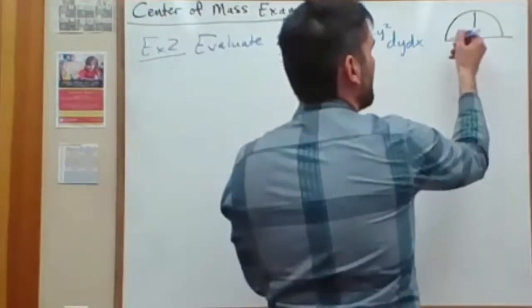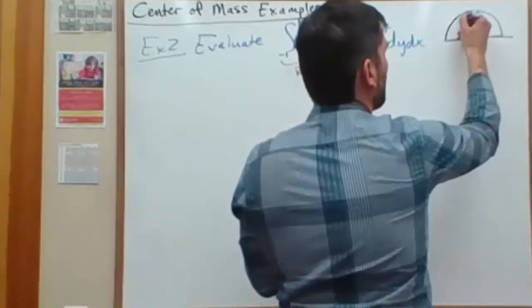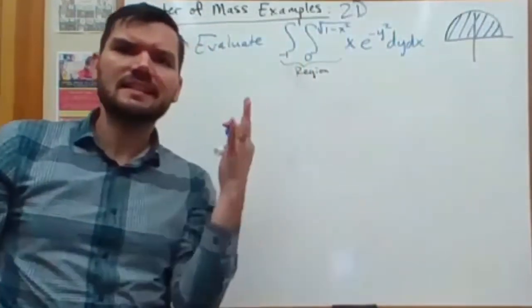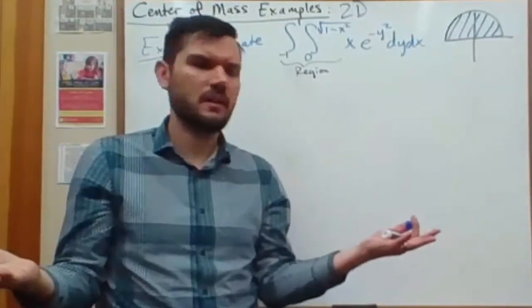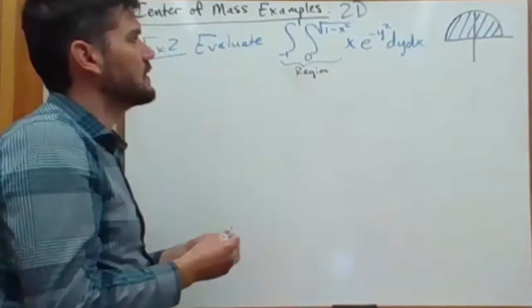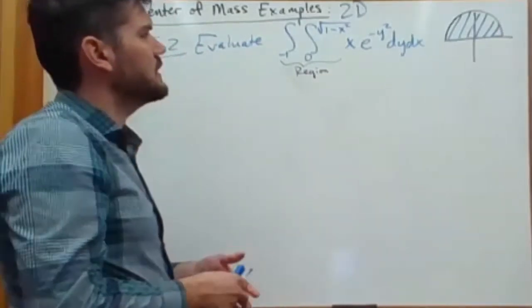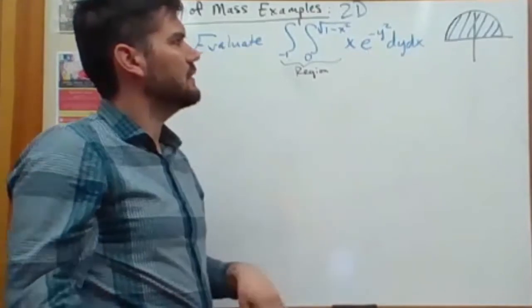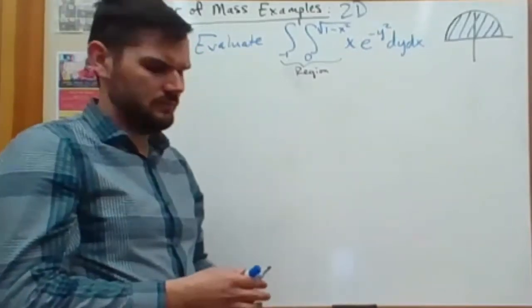So we know that we're integrating over the same upper semidisk. Now what we have is an integral of x times e to the negative y squared.